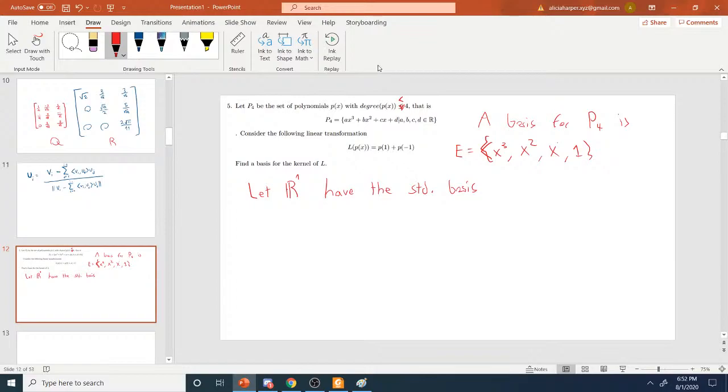Then L has a matrix representation from R4, so these are coordinate vectors with respect to this basis E, into R1 standard.